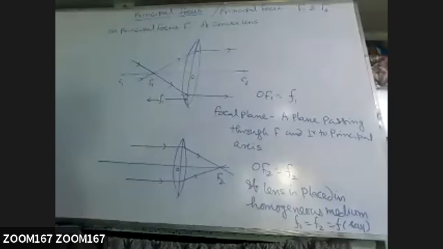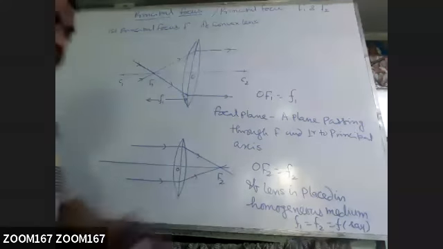Capital F represents focus, that is point, whereas small f represents focal length. So homogeneous medium you understood?